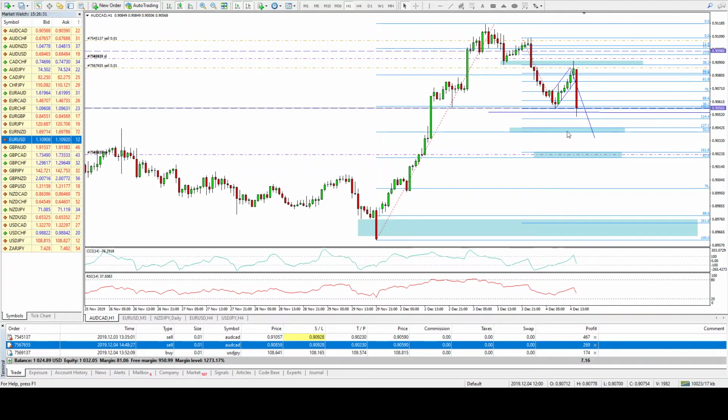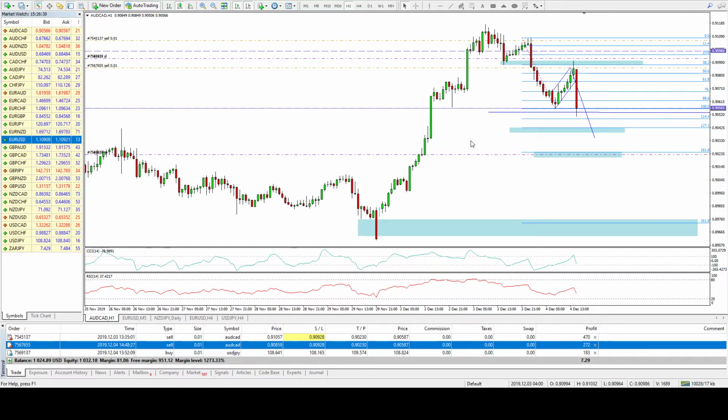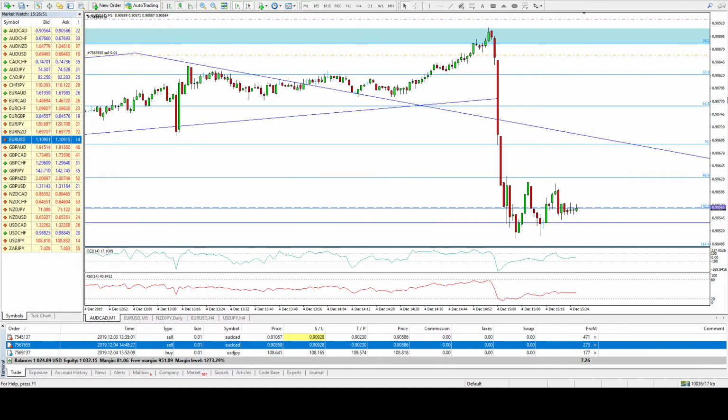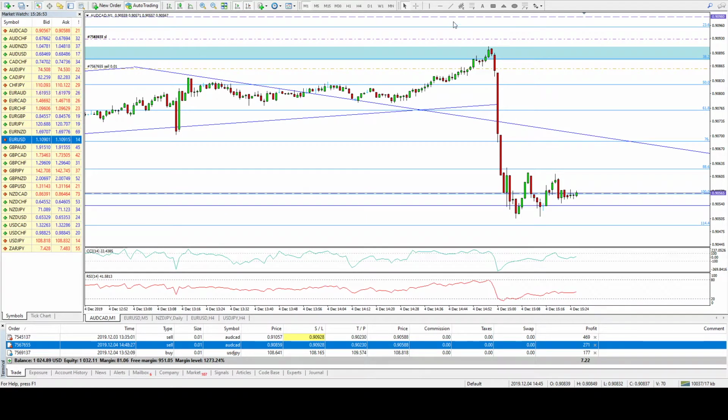Price is pushing up. Okay, looks like a flag pattern. No, it's a pennant.